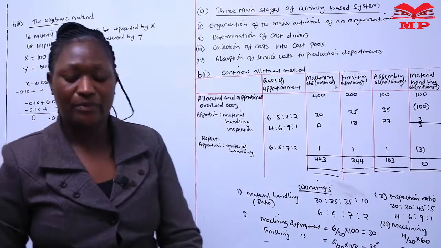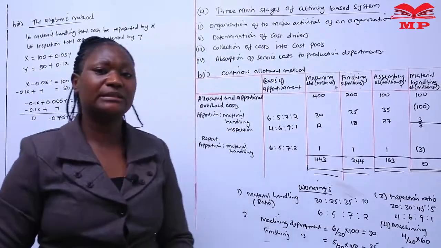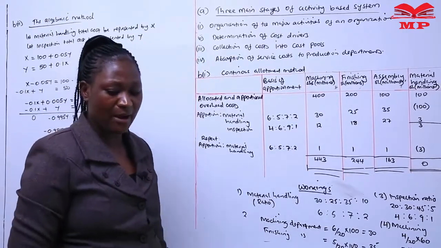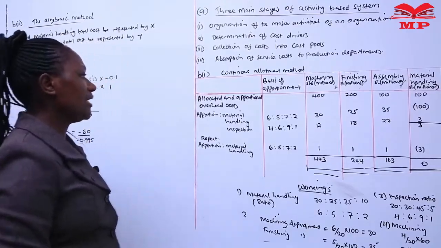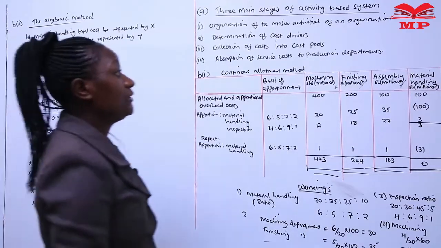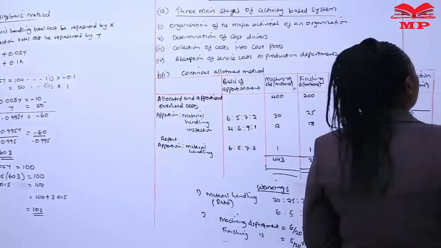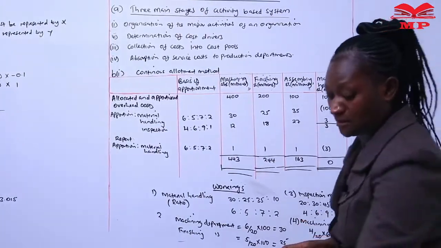So the first step, we have formulated the equations. The second step is now to do the apportionment. And for us to do the apportionment, we'll use the table as follows.